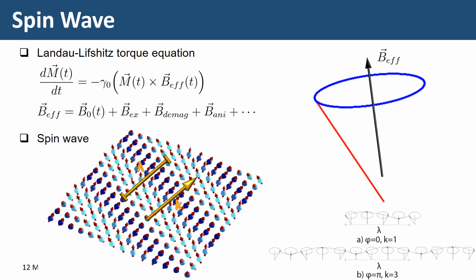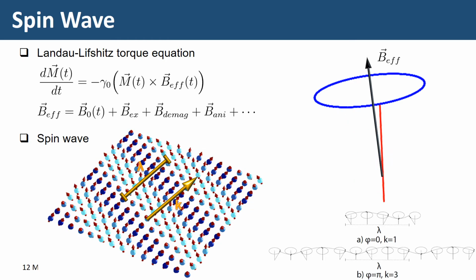Now, if these electrons are deflected by means of a magnetoelectric method or antenna or another method which excites the electrons, then the electron will start spinning while interacting with the electrons beside it by means of exchange and dipole-dipole interactions, which will result in a spin wave.